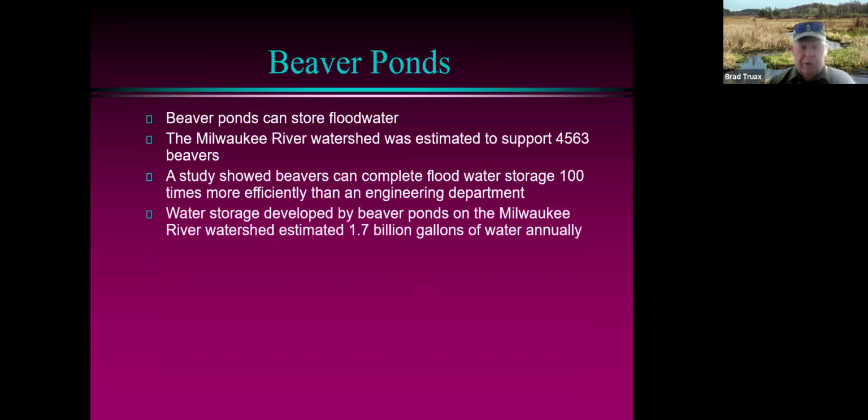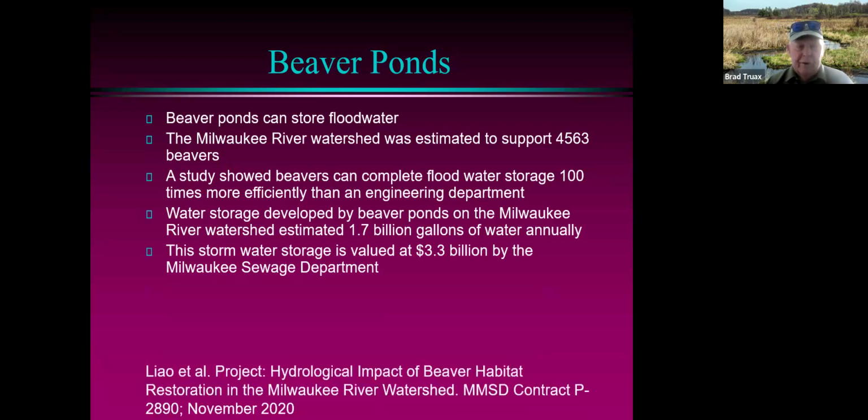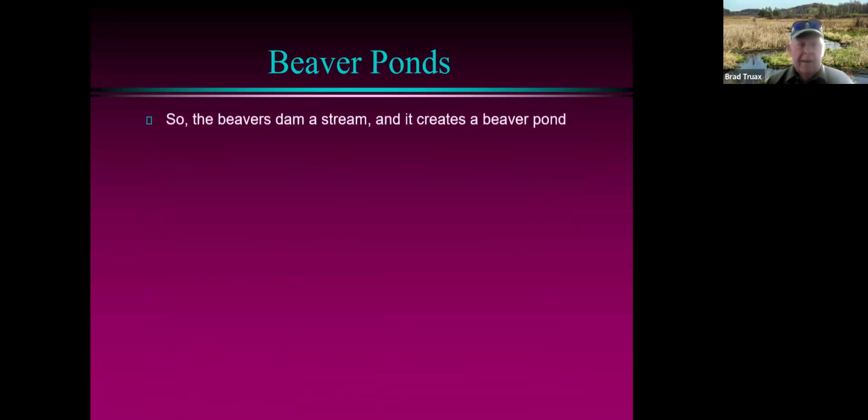The water storage developed by beaver ponds in that watershed was estimated at 1.7 billion gallons of water annually. And they estimated that the beavers actually saved the Milwaukee Sewage Department $3.3 billion. So they put the beavers to work and were much more efficient than human engineers and mechanics.